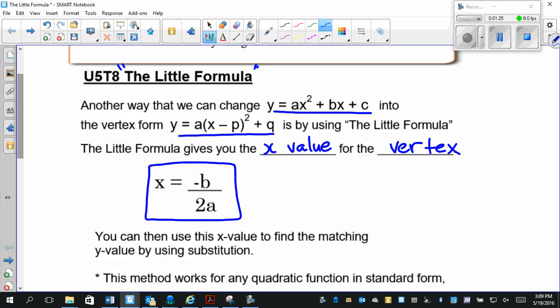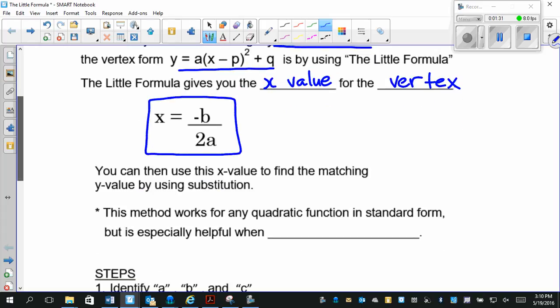And once you find the x value, you can use that x value to find the matching y value by using substitution. And once you find the y value, then you have the coordinates of the vertex. And we know how important the vertex is to everything else connected to the parabola.